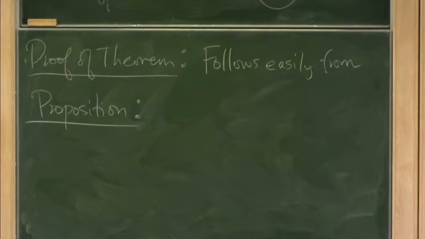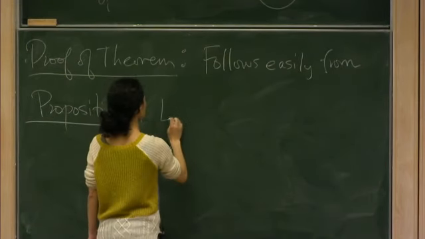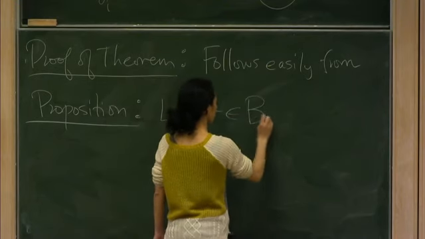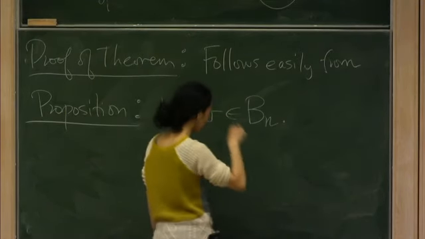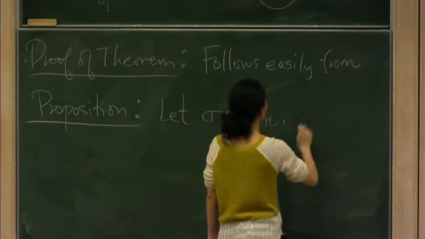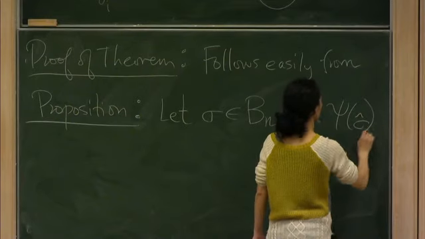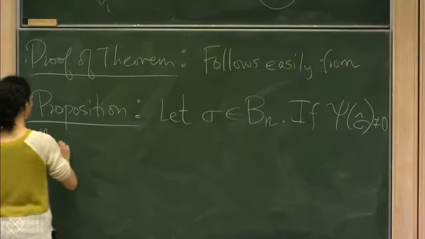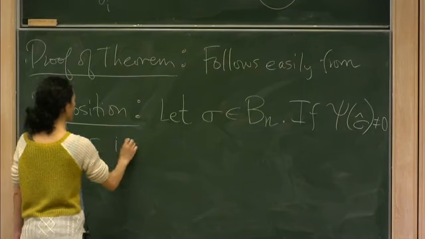The proposition is that if sigma is an n-strand braid, then if Plamenevskaya's invariant is non-zero, then sigma is so-called right veering.